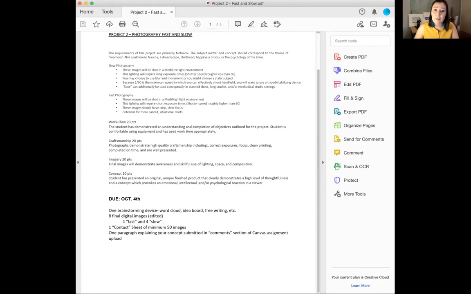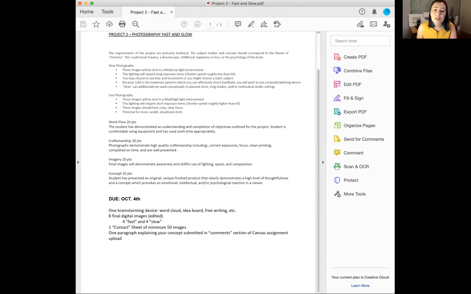Craftsmanship. Do you have correct exposures where and when you want them? Do you have focus? Do you have the right aperture? Do you have clean images? Are they spotted correctly? Are you using that Lightroom photo flow to really edit them appropriately? Is it completed on time, and is it well presented?